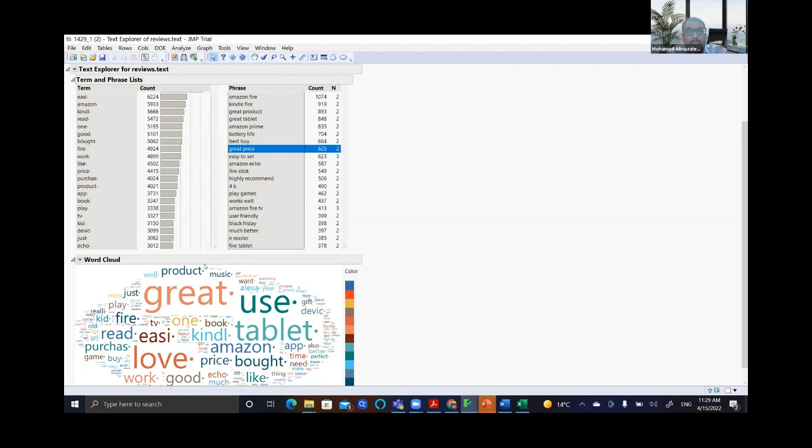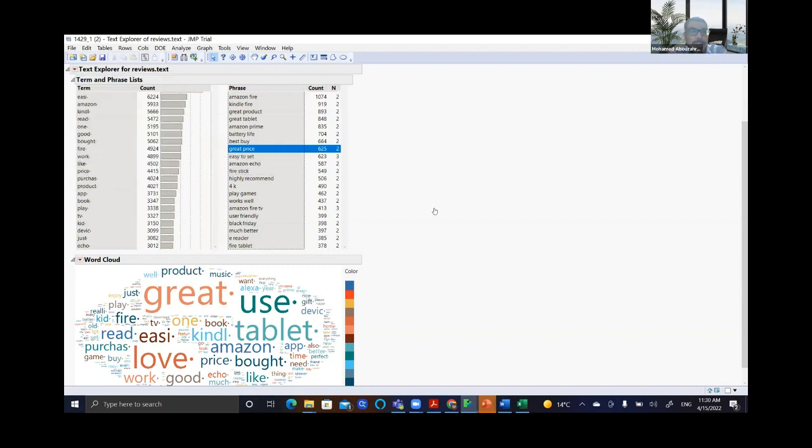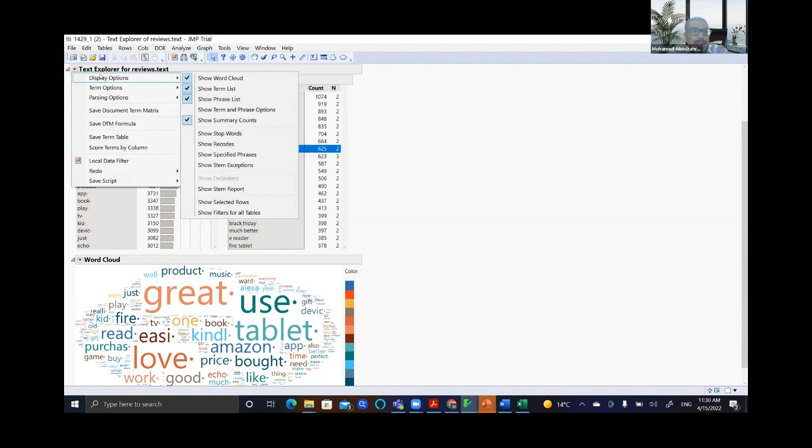Generally speaking, guys, if you want to modify anything in a JMP output, you find this red arrow. You click this red arrow, and you will find lots of options here. Okay, so to display this word cloud, I selected the text explorer and display options, and then I selected show word cloud.